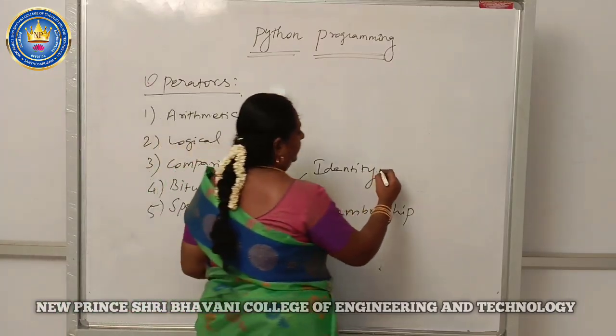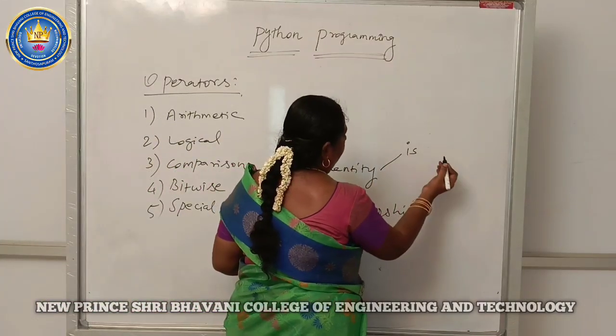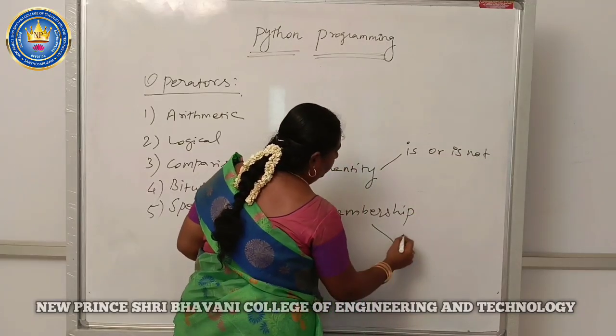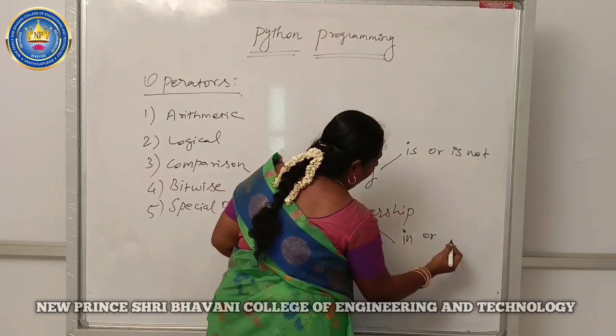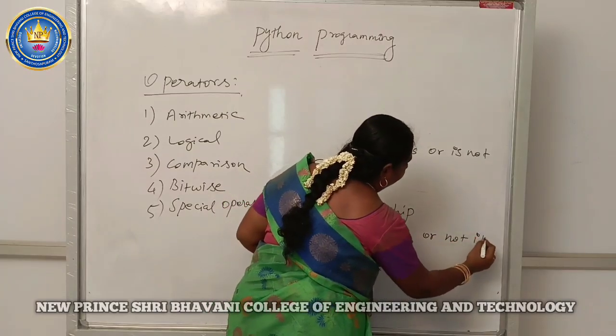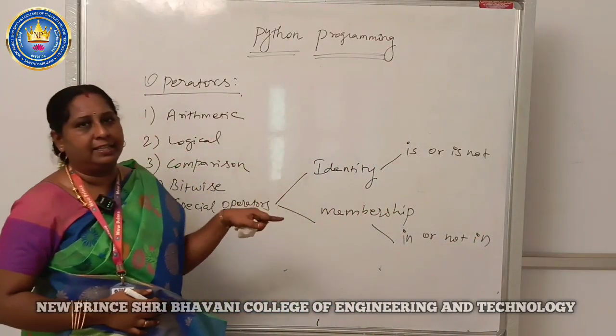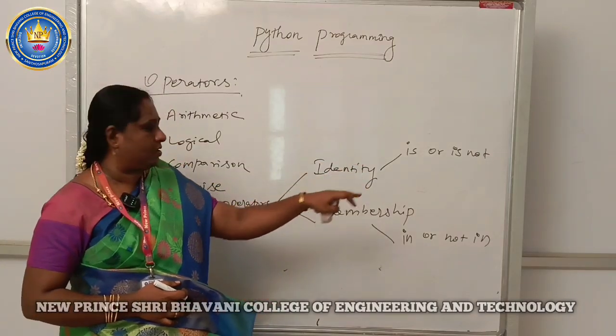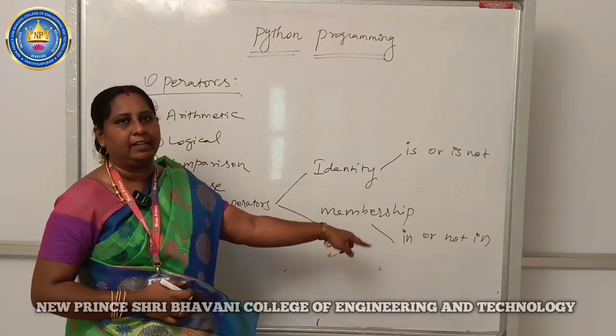Identity operator is nothing but is or is not. Membership is in or not in. This is special in this programming language. Identity operator: x is y, is or is not, and membership: in and not in.